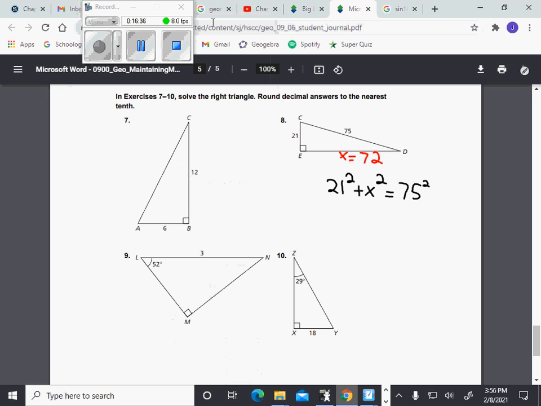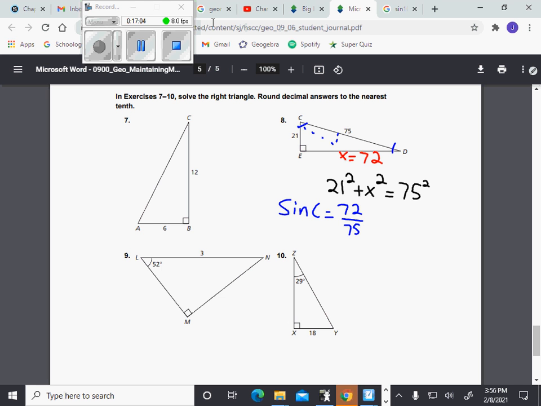Now I want to find my missing angles. I want to find C and D. You choose which one you want. I'm going to take the sine, opposite over hypotenuse. Sine of C is equal to 72 over 75.